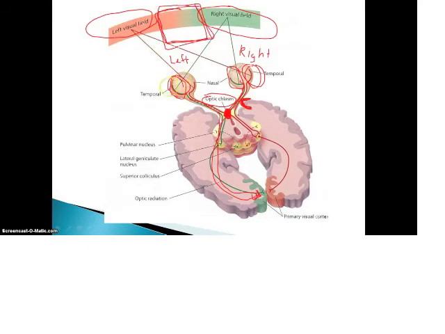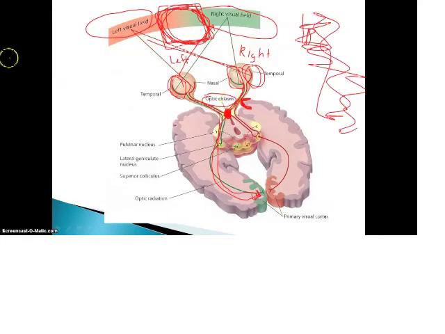Because again, the only fibers that are unaffected are the ones on the temporal side, and those handle stuff that's on the opposite side. So you're only going to be able to see tunnel vision. You're going to lose all your peripheral vision. This stuff all will go away if there was a tumor pressing up against the optic chiasm.